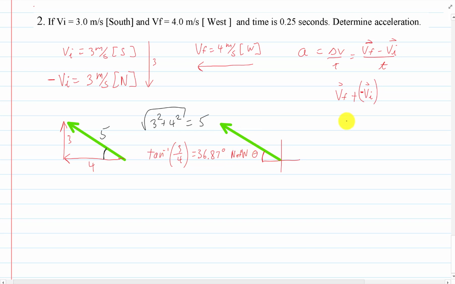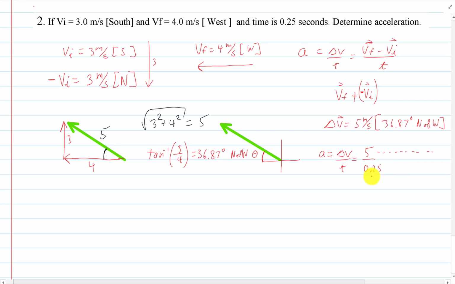So the change in velocity is a vector, and that vector is 5 meters per second at 36.87 degrees north of west. And the acceleration is the change in velocity divided by the time, and that change in velocity is 5, with all that other stuff that I just wrote down, all over 0.25, a quarter of a second.